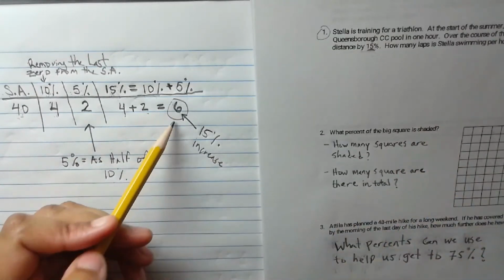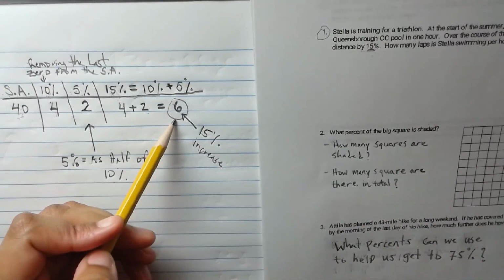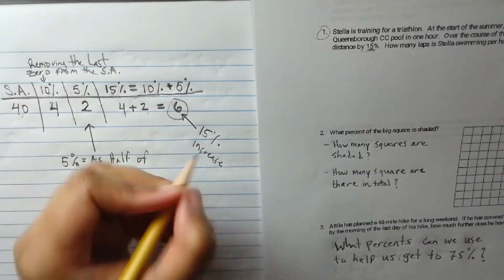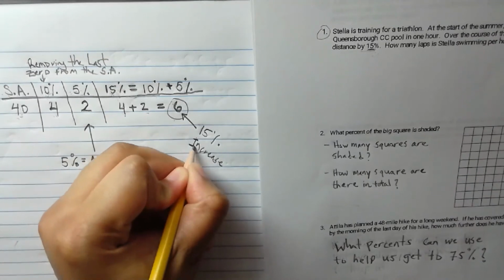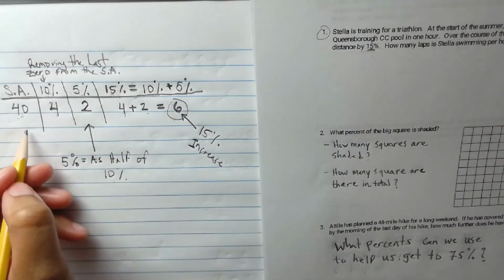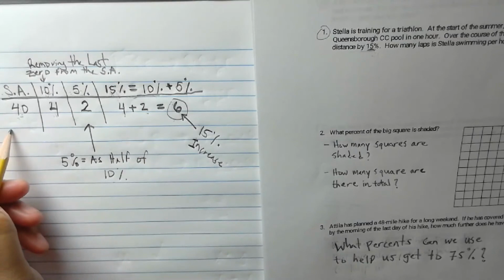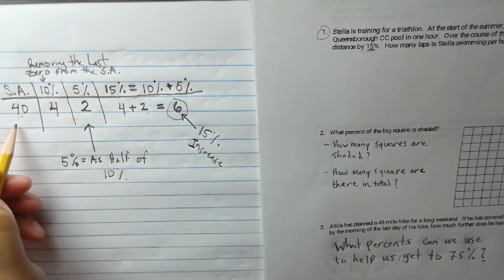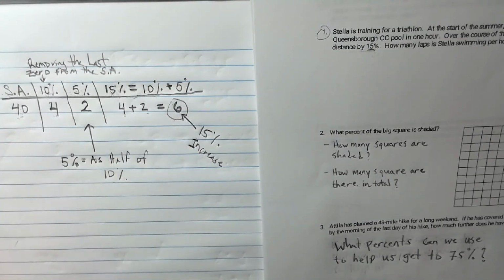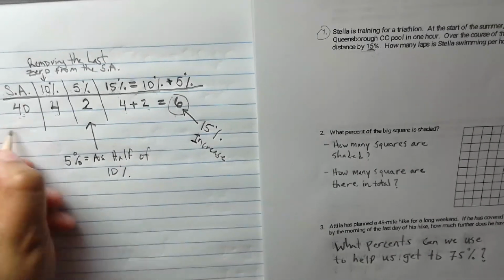So this is how much she increased during the summer. Okay, so at the end of the summer, how can I show that increase that took place? So what operation would indicate an increase?